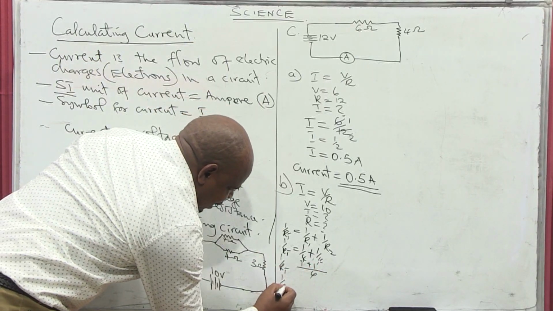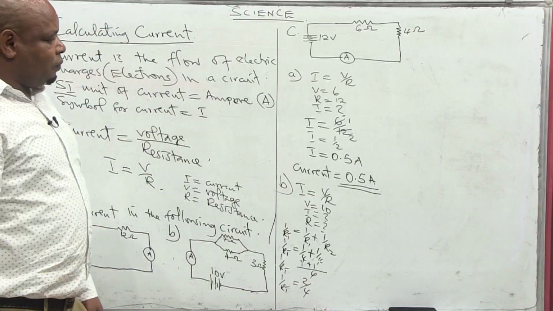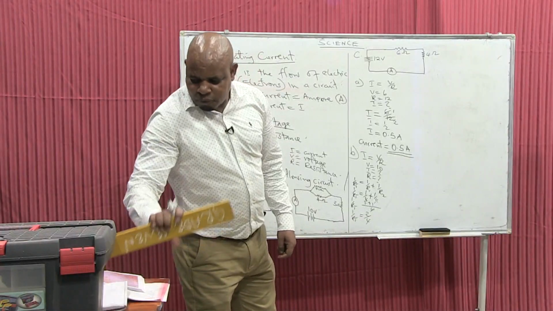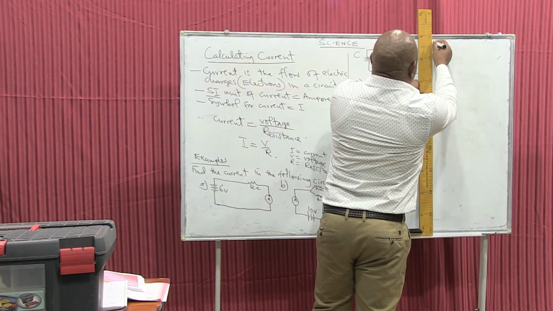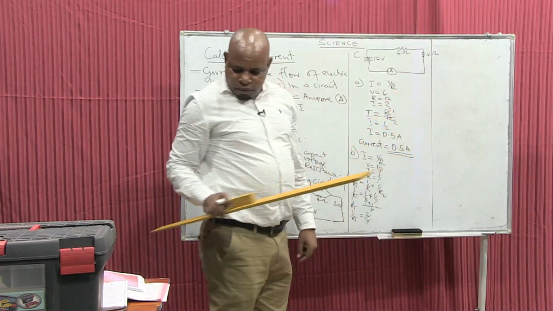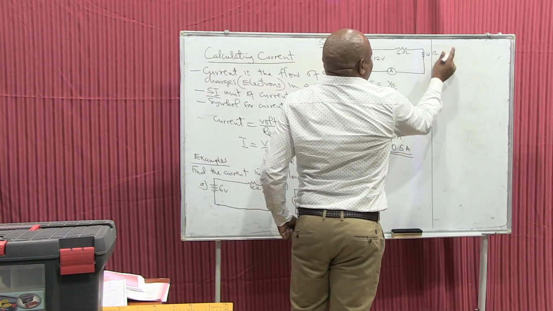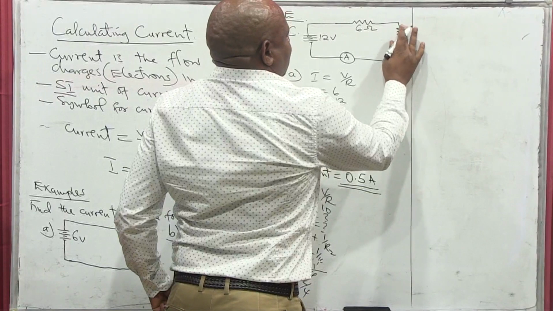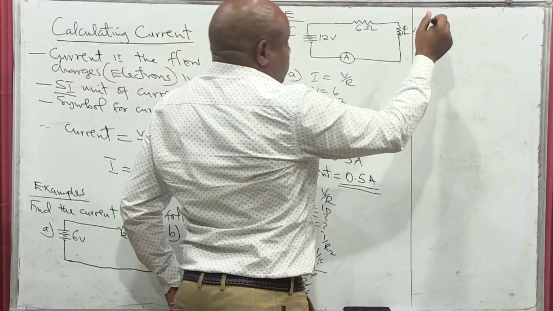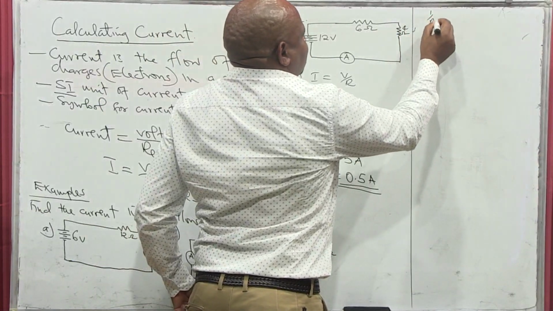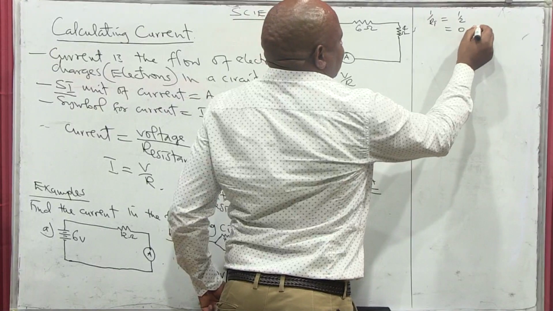So 1 over RT is equal to 2 over 4. One over RT is equal to a half, which is equal to 0.5.